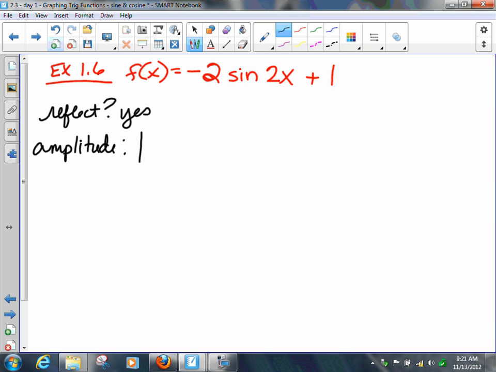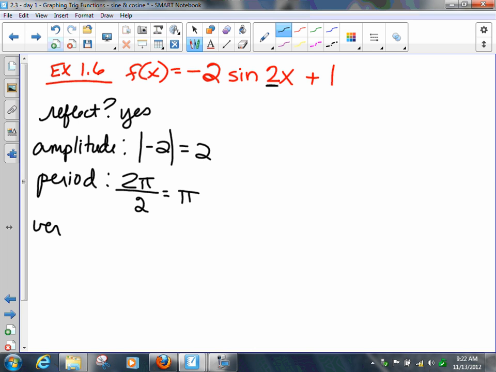Absolute value of, which is -2. What's the absolute value of -2? Of course, it's 2. And then period, which is 2 pi divided by who? Which 2 are we talking about? The second one. We're talking about that one right there. 2 pi over 2 is pi.